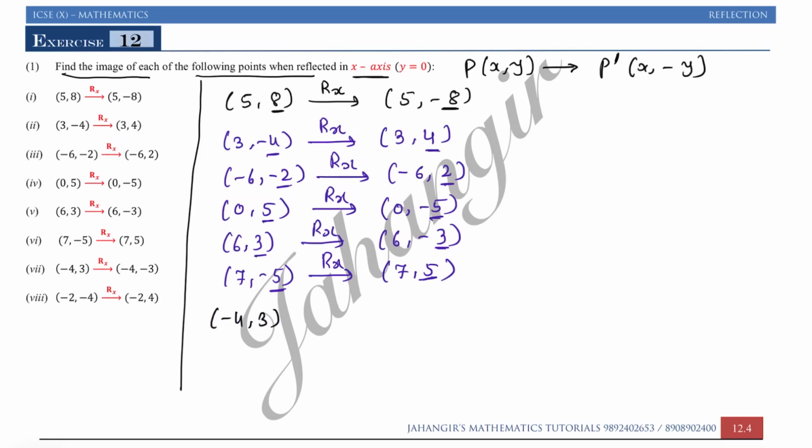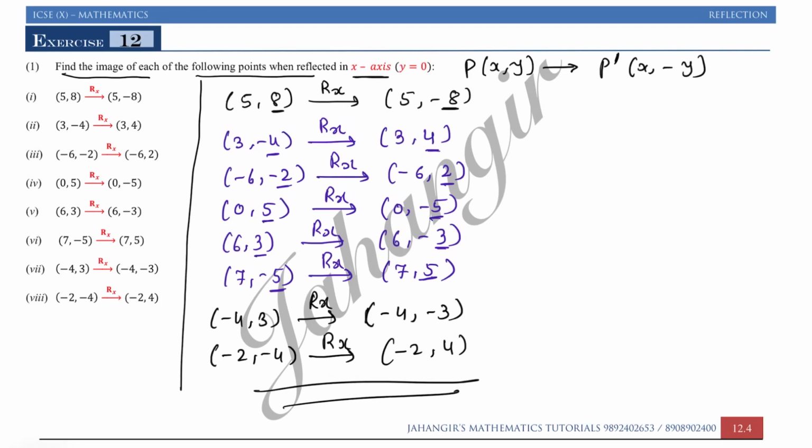-4, 3 when reflected in x-axis, you will get x coordinate as same and y coordinate changes sign. -2, -4 when reflected in x-axis, you will get -2, 4. So in this question, what we had understood, when any point is reflected under the x-axis, its y coordinate always changes sign. X-axis ka equation is also called y equal to 0.